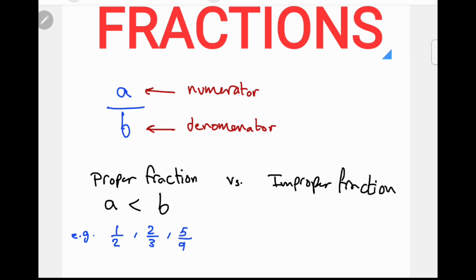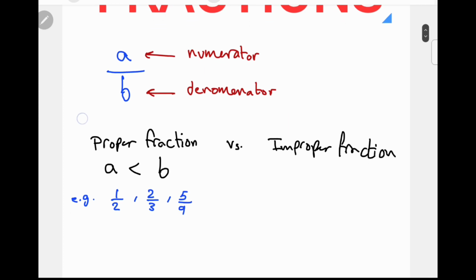All these fractions are called proper fractions. And you would notice that proper fractions have value a over b between 0 and 1.